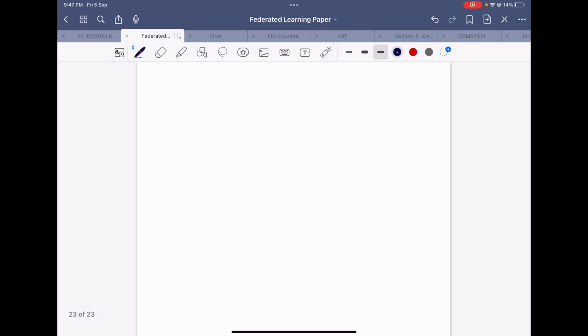Let me rewrite it again. X plus Y is equal to T plus N, which means X minus T is equal to N minus Y.